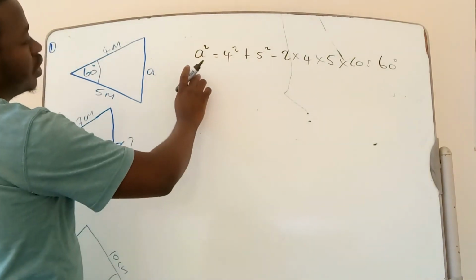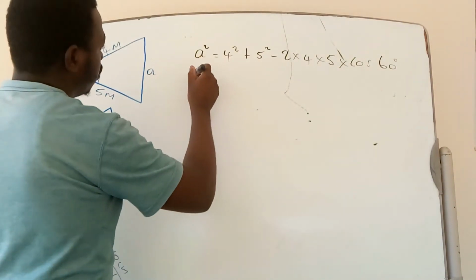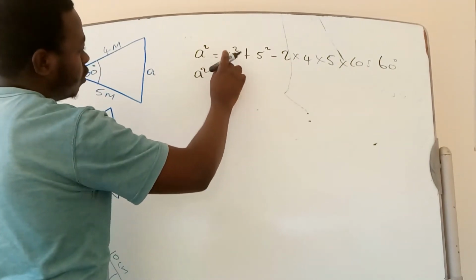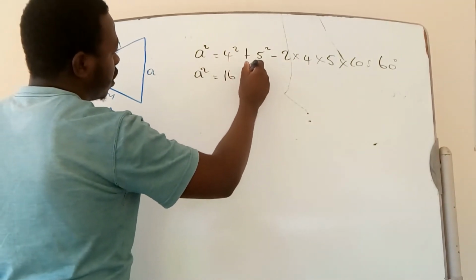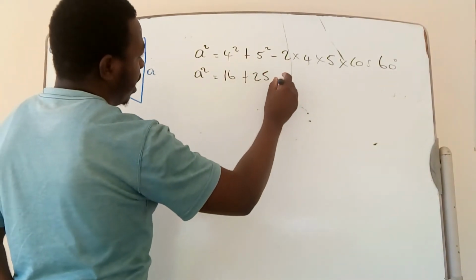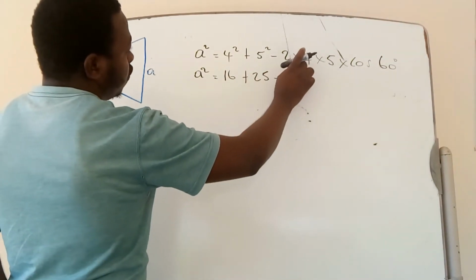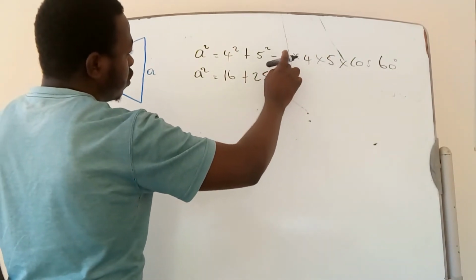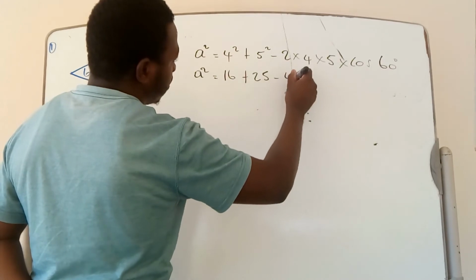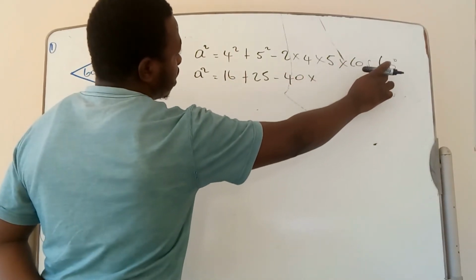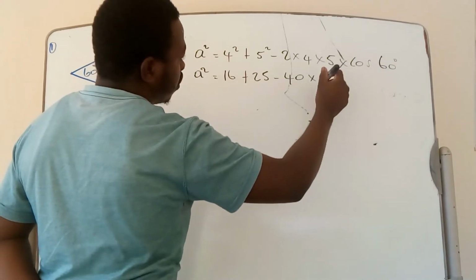Now all you need to do is to simplify this. So a squared is equal to 4 squared, which is 16, plus 5 squared is 25, minus 4 times 5, that's 20, times 2, that's 40. So this is 40 times cos 60, but cos 60 is just a half.